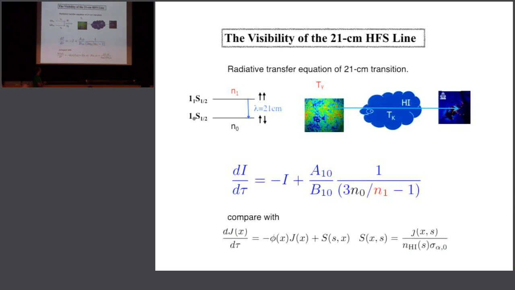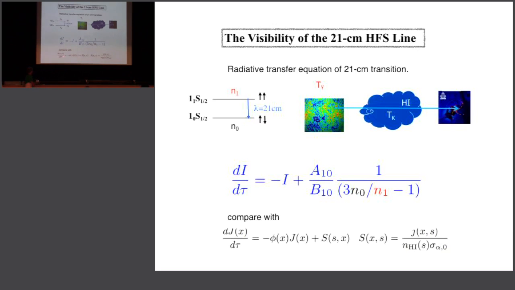They pass through, and the hydrogen, most of which is in the ground state, can either absorb or suppress emission from this cosmic microwave background, or it can add to it. That process is described by the radiative transfer equation, which is given here. It's written in a slightly different form, but very similar to the one we discussed when we were discussing radiative transfer.